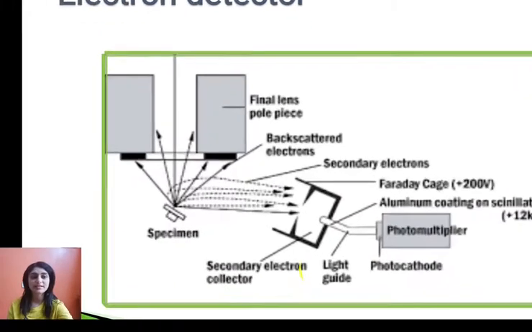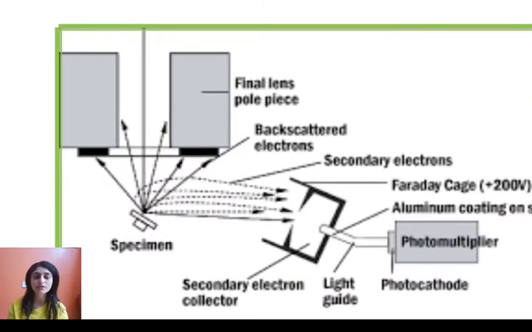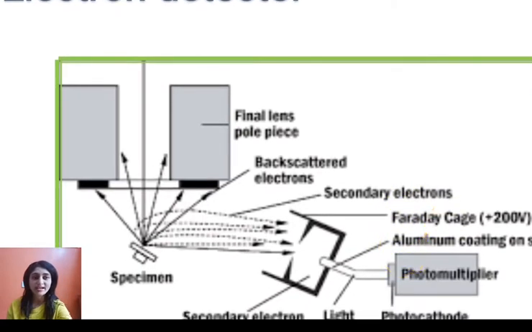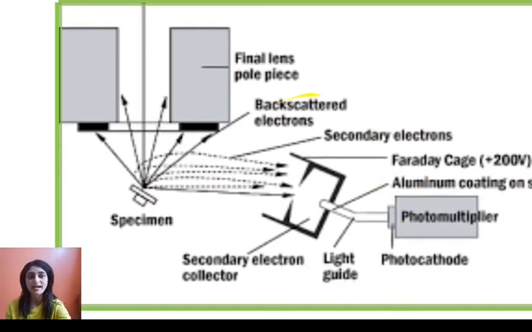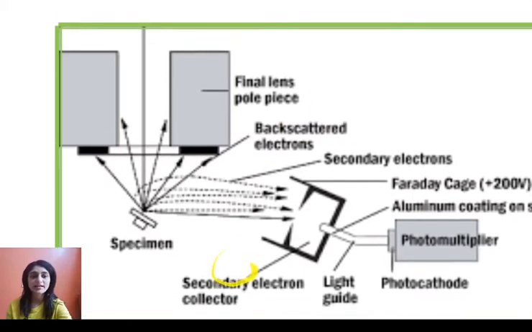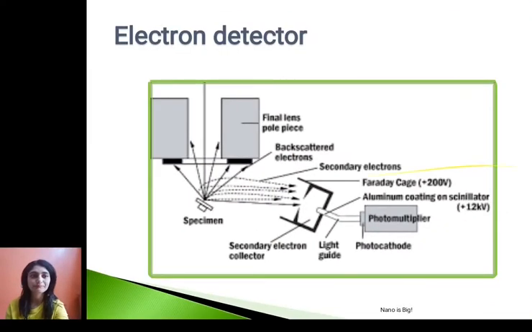So this is a typical diagram of an electron detector, where we use photomultiplier, Faraday cage, secondary electrons, backscattered electrons, secondary electron collector, and all.